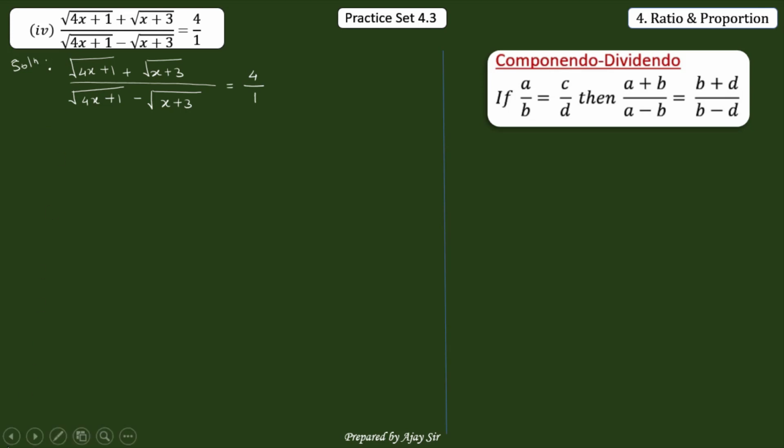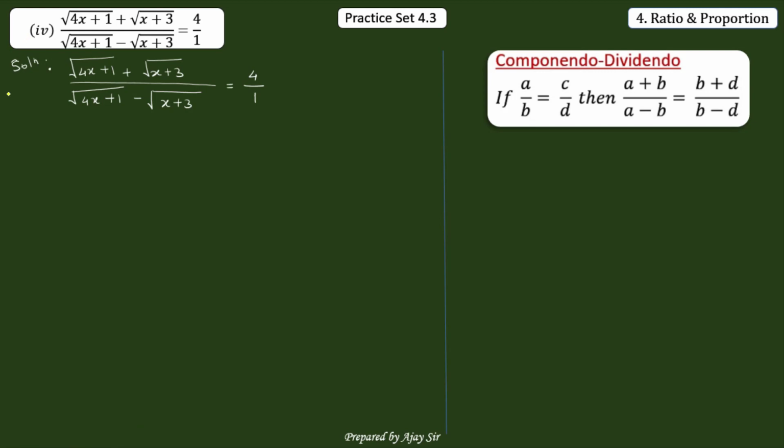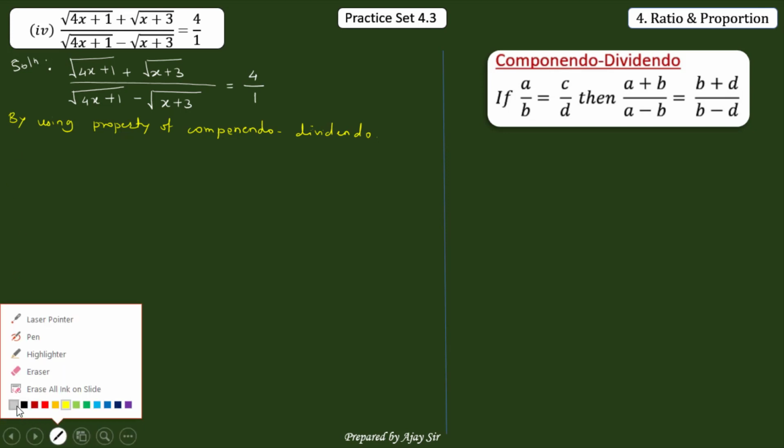So let us apply the componendo and dividendo property here.